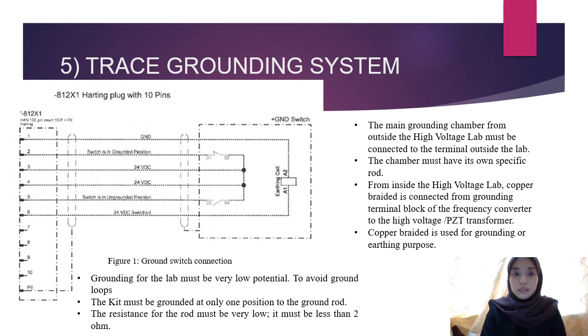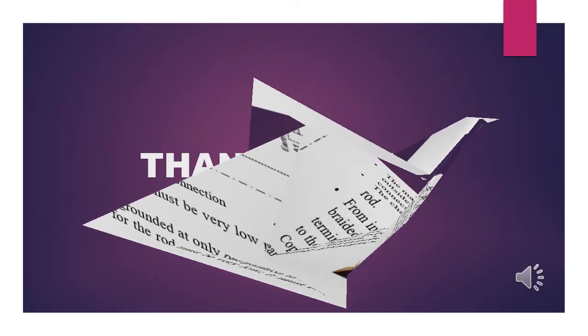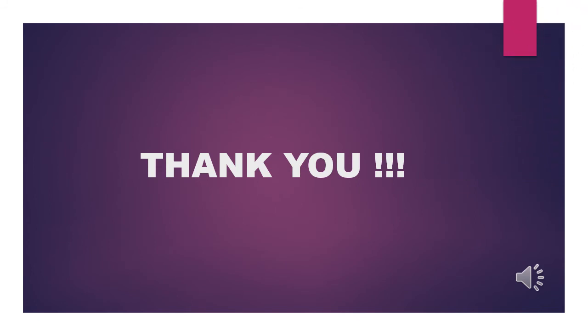The resistance for the rod must be very low, less than 2 ohms. Hence, the equipment must have its own grounding system. It cannot connect with the grounding for the building. That's all from us. Thank you.